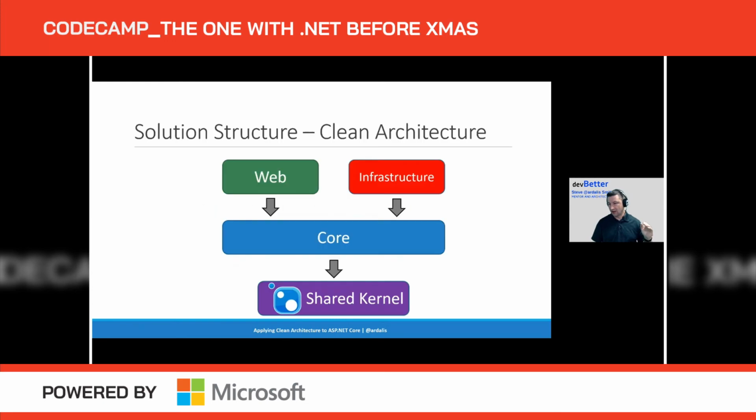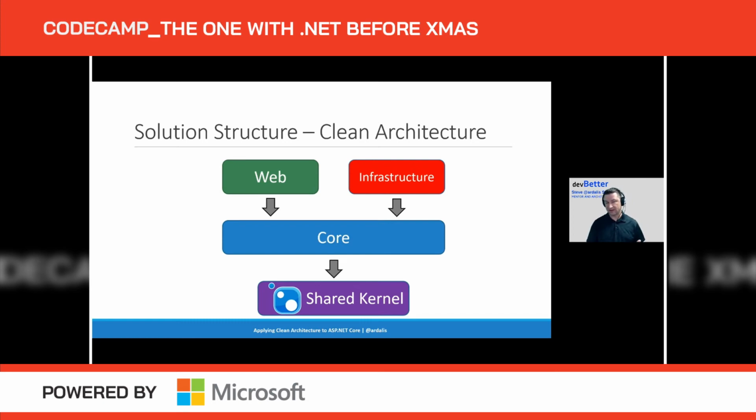All right, so then our solution structure ends up looking like this. We have web depending on core, infrastructure depending on core. Core depends on shared kernel, which should be a NuGet package. Notice that web and infrastructure don't have a relationship here. All right, at runtime, web needs to know about infrastructure. So somehow the DLLs from infrastructure need to be accessible to web, and that could just be a matter of copying the files from the bin folder of infrastructure into the bin folder of web, and then loading them up with reflection.